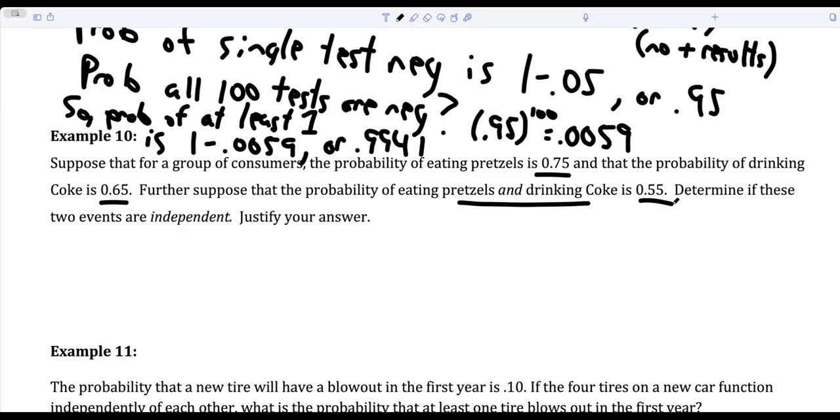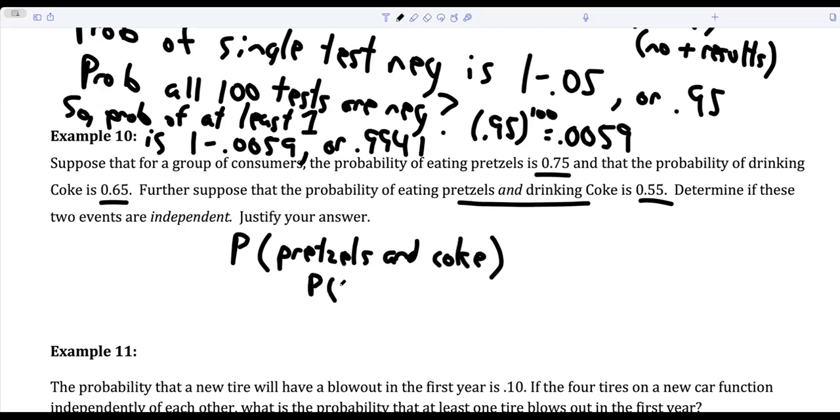So if they're independent, again, according to that formula, we know the probability of pretzels and Coke together, the intersection, that's the probability of A intersection B, must equal probability of A times the probability of B.